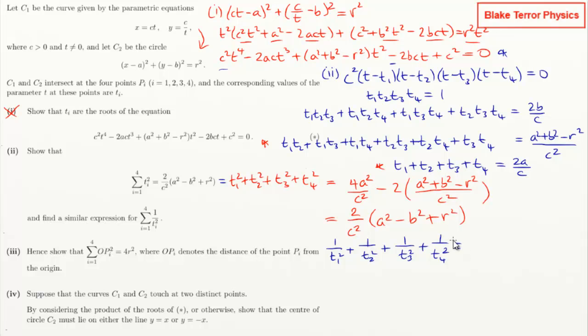So I need to multiply by all of those. So I'm going to have 3 of them squared together. So it's going to be a bit like squaring this thing on the top. And at the bottom, I'm going to have t1, t2, t3, t4 all multiplied together and squared. So that's just 1.